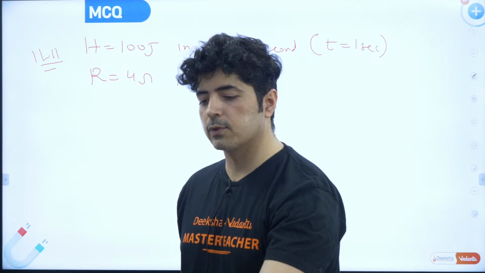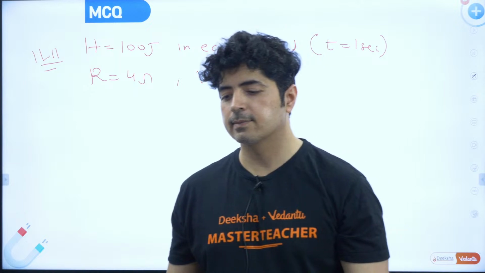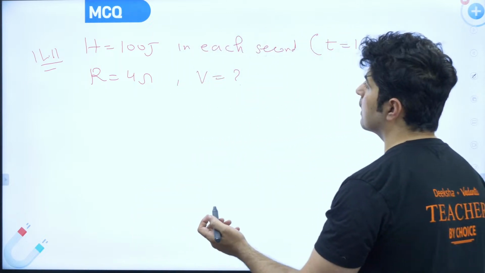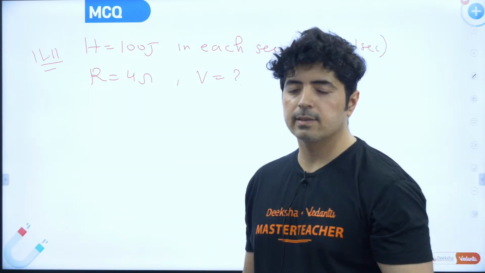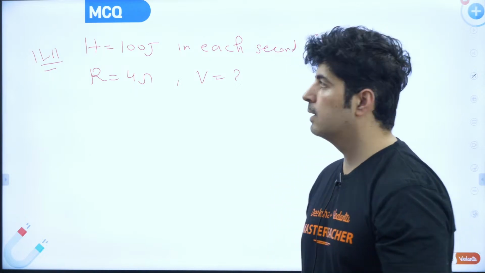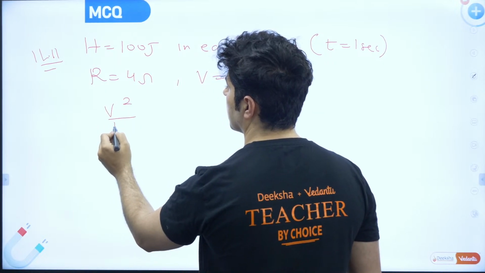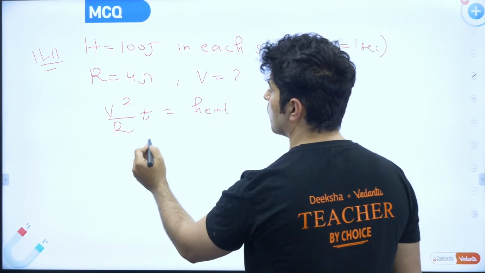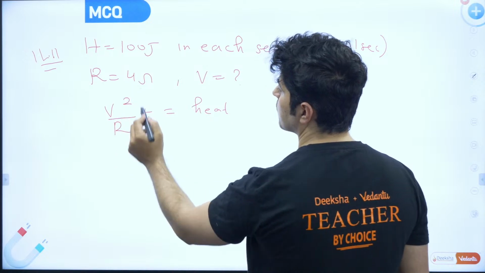How to find the voltage? Initially I told you about the formula. We know that we can use the formula V square by R into T is equal to heat, and using that we can find the voltage. T is given as 1 second, and R is given as 4 ohm.